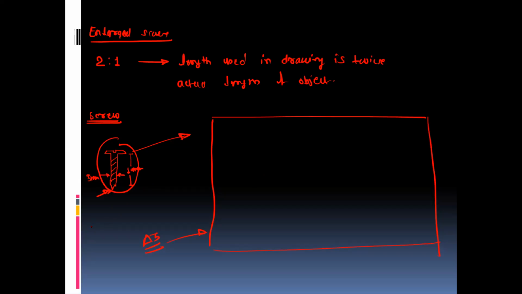If you want to represent this, then we can enlarge this scale. So we can use 10:1 as an enlarged scale. That means we need to multiply so that we can increase this dimension. So this 10 mm is converted to 100 mm, and the 3 mm is converted to 30 mm. Now you can draw the diagram.